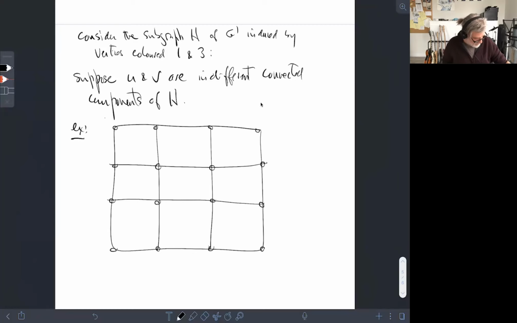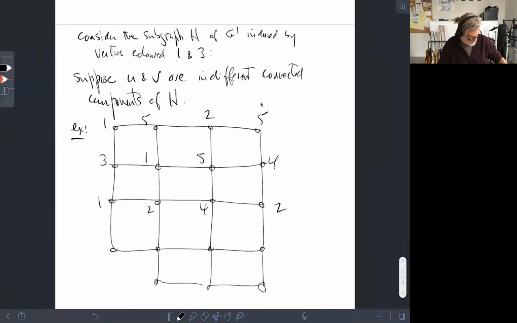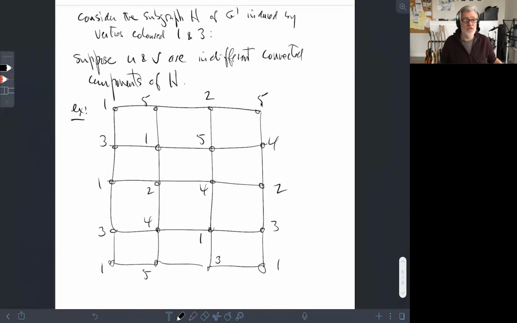And I'm going to give colors 1, 5, 2, 5, 4, 5, 1, 3, 1, 2, 4, 2, 3, 1, 3, 1, 5, 4, 1, 3. Okay. So suppose this is G prime.